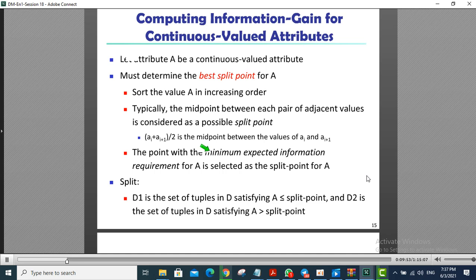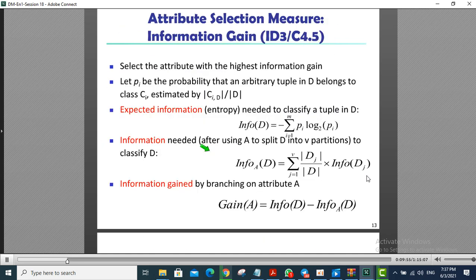To find this value, the minimum expected information requirement, I should turn back to slide 13.